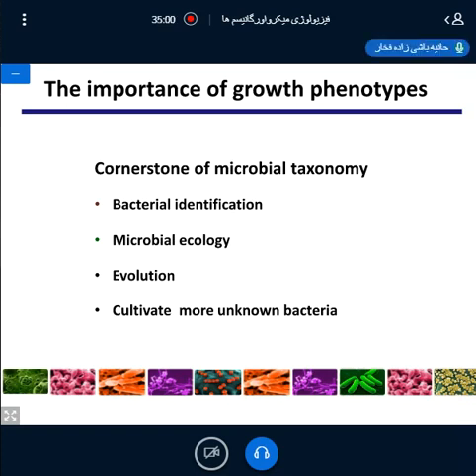Taxonomy, bacterial identification, microbial ecology and evolution, cultivating more unknown bacteria. This is important. Writing.